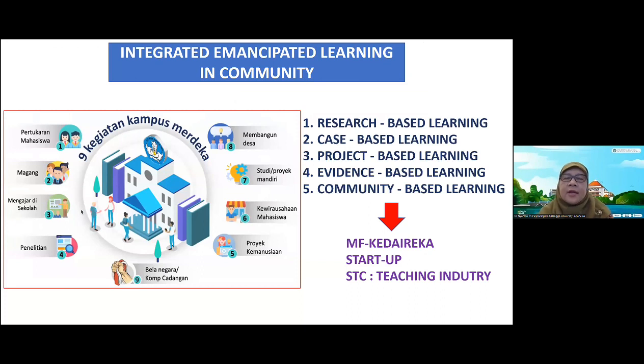So we have matching fund research internally for collaborating with international partners, but our government also has matching fund with links with the industry, company, or stakeholder, and then we can teach our students to do a startup, how they can become emancipated and have a learning experience like entrepreneurship, and then making a startup.